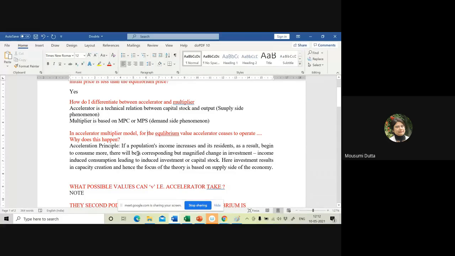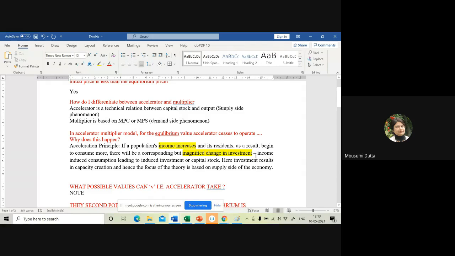If a population's income increases and its residents as a result begin to consume more, there will be a corresponding but magnified change in investment. This is important when we are talking about acceleration principles, income and capital stock related matter, the relationship between income and investment.